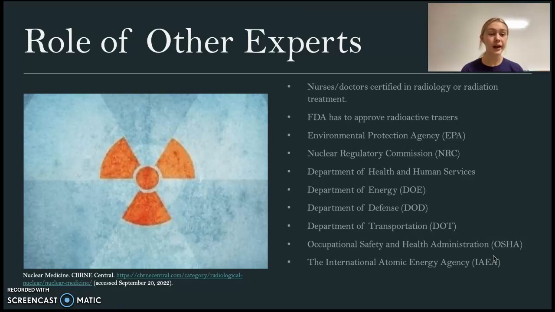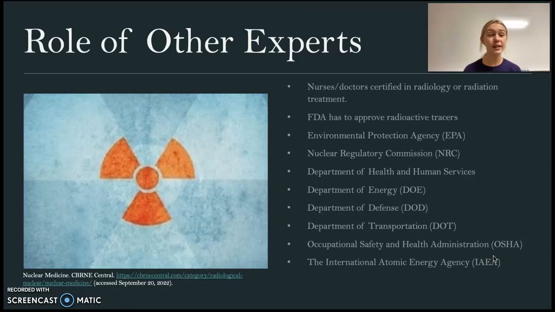You have the EPA, which protects the environment, the NRC, which regulates the nuclear emissions that are given off, the Nuclear Regulatory Commission, the Department of Health and Human Services, Department of Energy, Department of Defense, Department of Transportation for transporting the radioactive elements and all that stuff, the Occupational Safety and Health Administration, and the International Atomic Energy Agency.